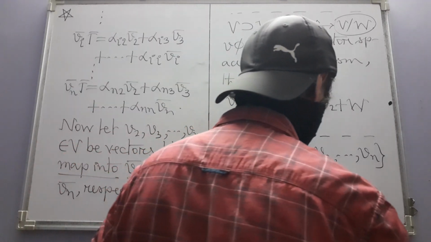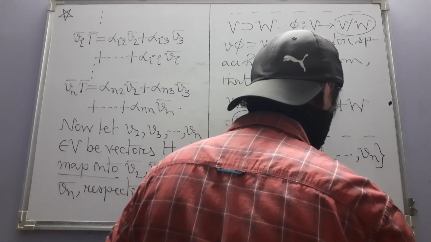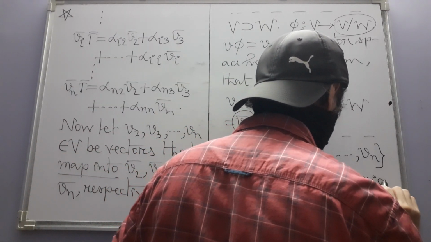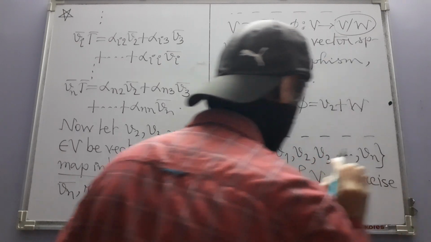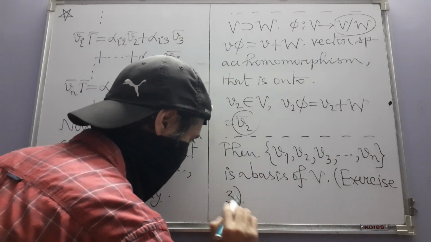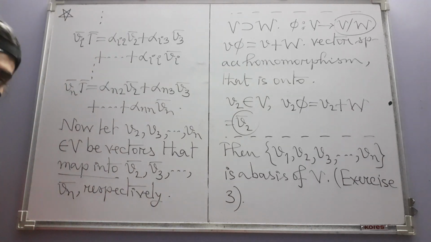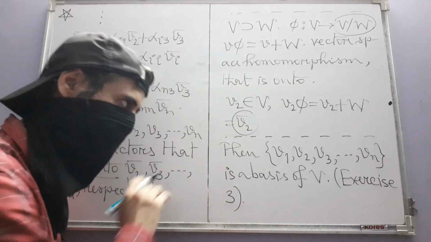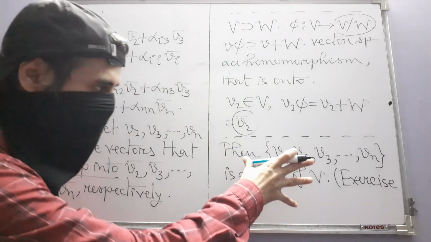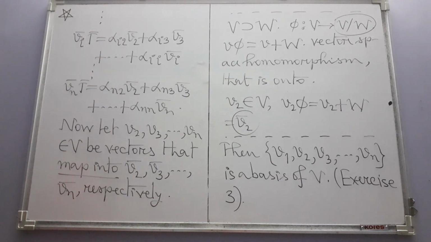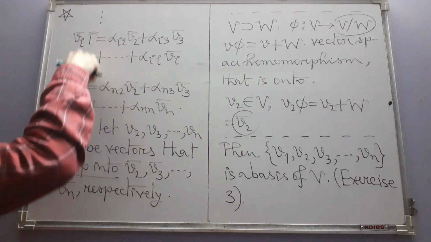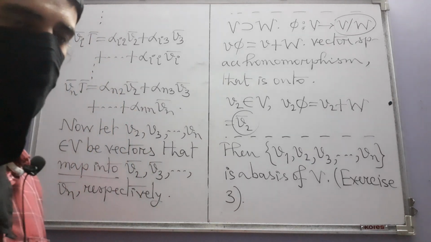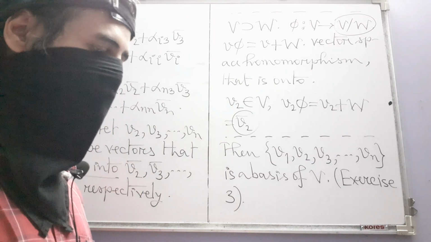That is exercise 3. So when solving these exercises, we will see how. Right now we have to take it for granted that this becomes a basis for V. So now we go back to these equations and see what we get from these equations.